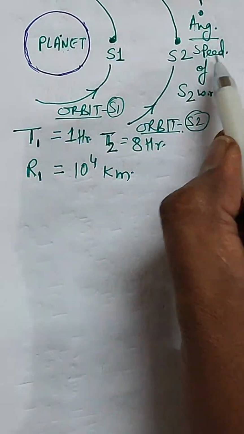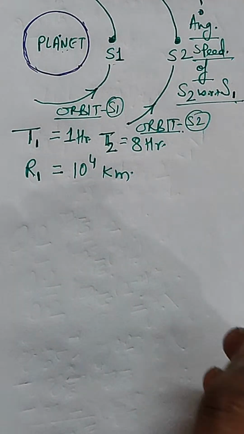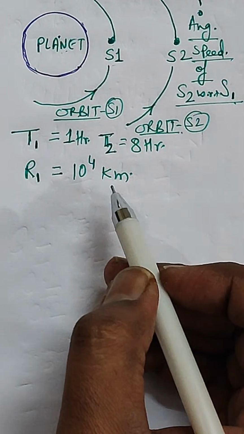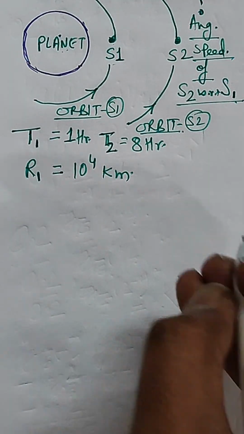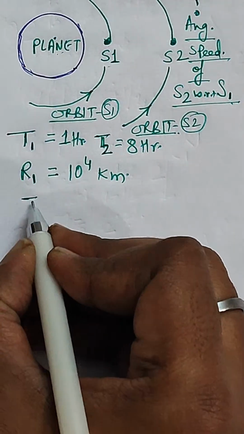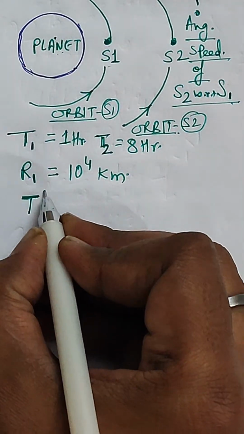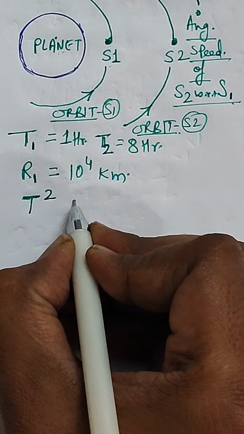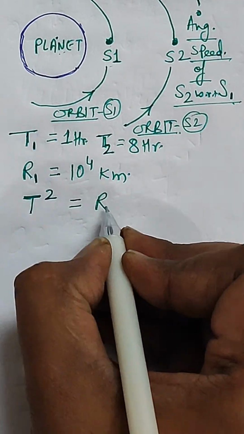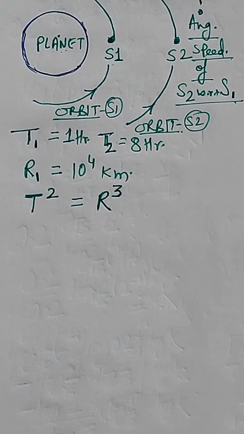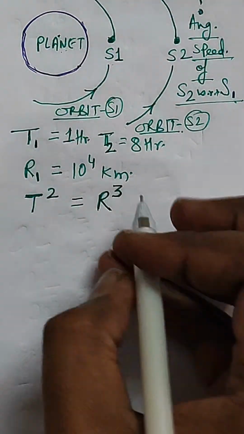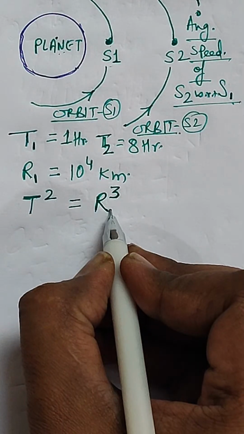Now the average speed of S2 with respect to S1 we need to calculate. We know by Kepler's law, if you remember, that the square of the time period of revolution of a satellite around a planet is proportional to the cube of the radius of the orbit, T square proportional to R cube, right?